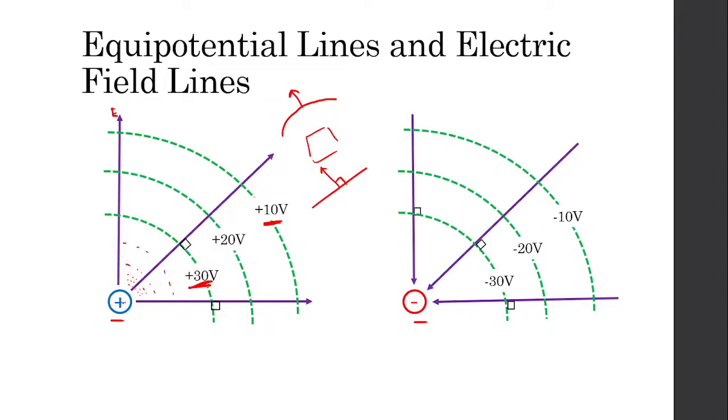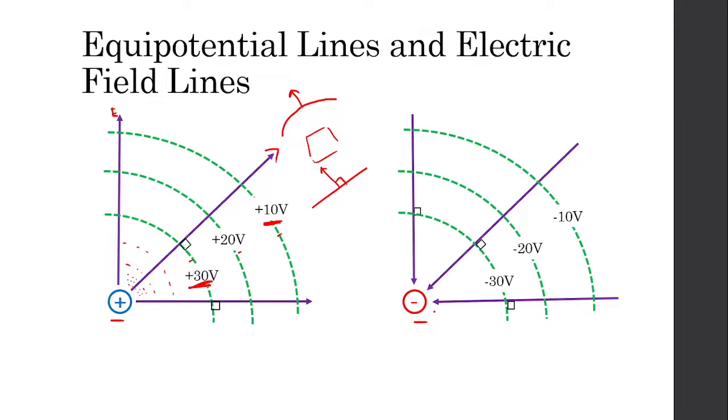And since this is a positive charge, the electric field will always be radially outward. So the direction of the arrow for the electric field will always be going outward. And hence, if you look at each of those individual equipotential lines, you notice that it's pointing from higher potential to lower potential.